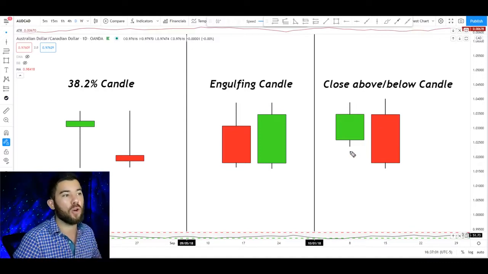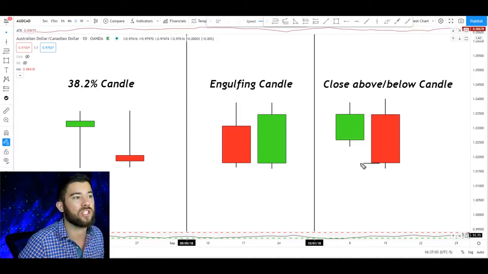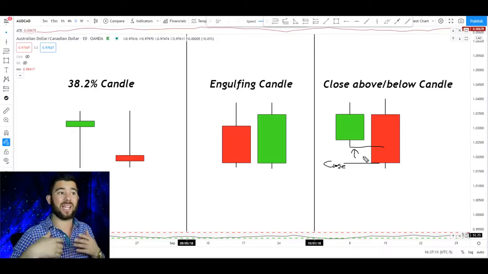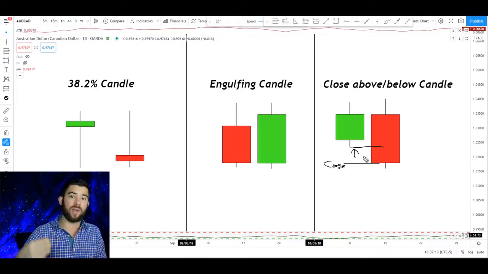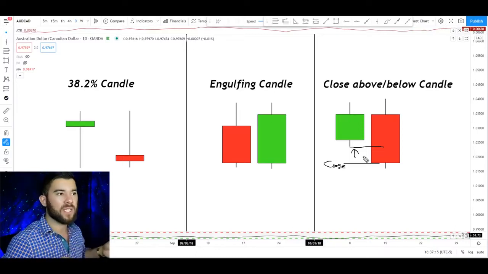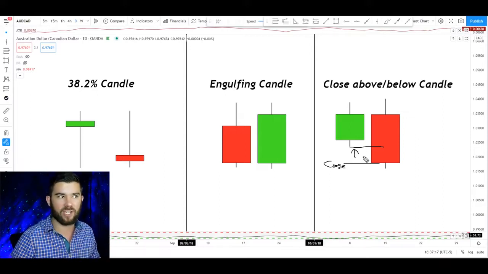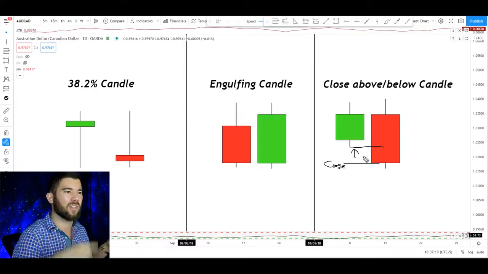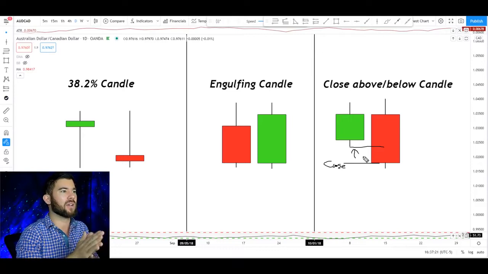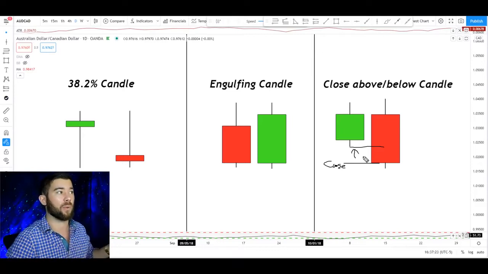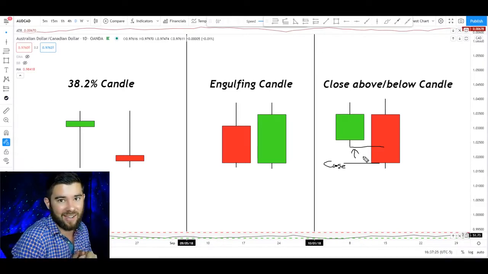But a close below candle would be a candle in which the close of that candle is below the low of the previous candle. As long as that happens, that to me is showing selling pressure, and the opposite would be true in the bullish direction. We would have a close above. Again, we'll take a look at that down on the chart. But right now, let's go take a look at a few live examples of the 38.2% candle first.